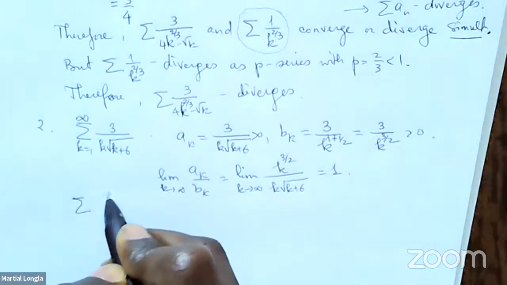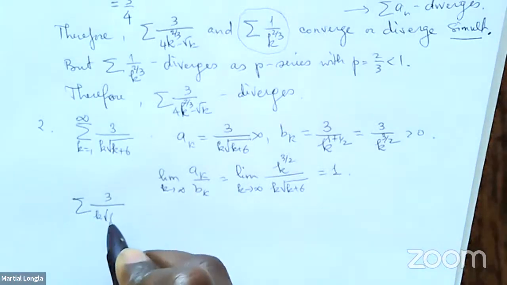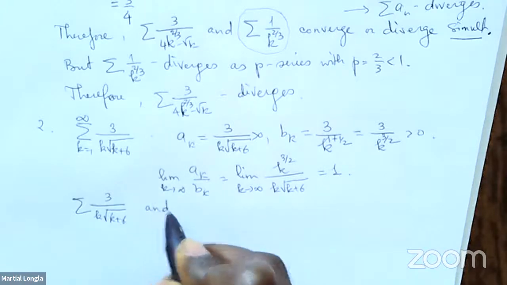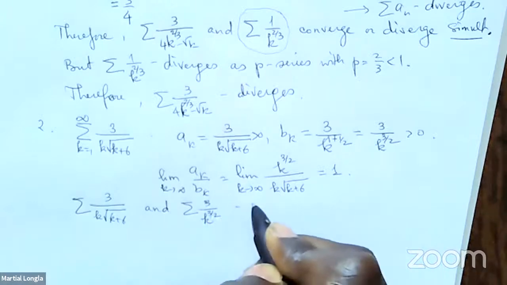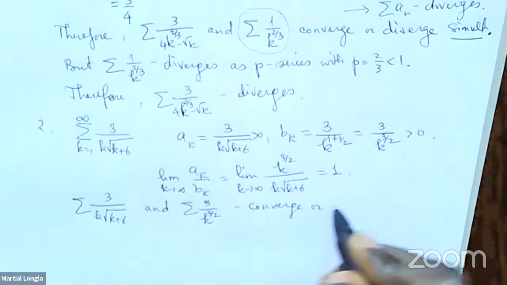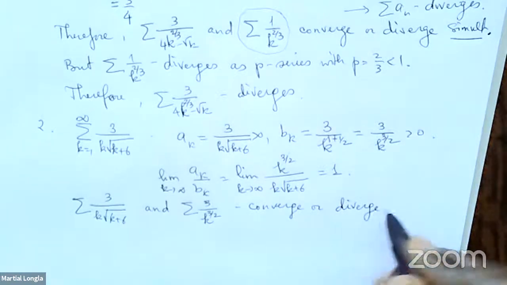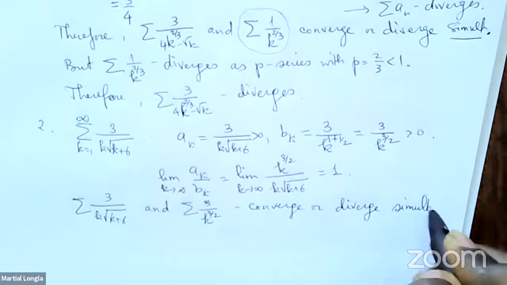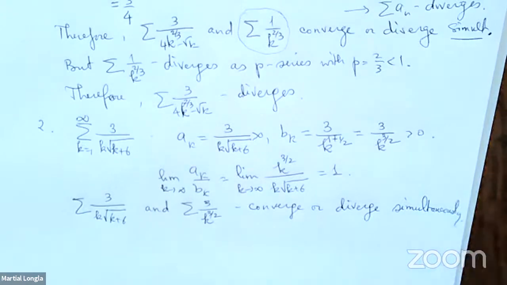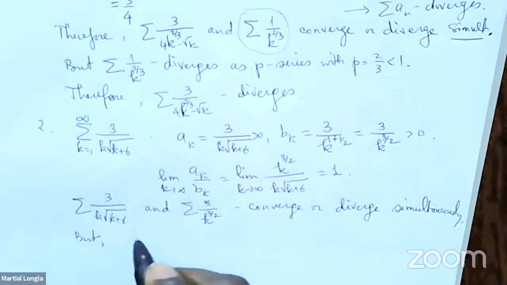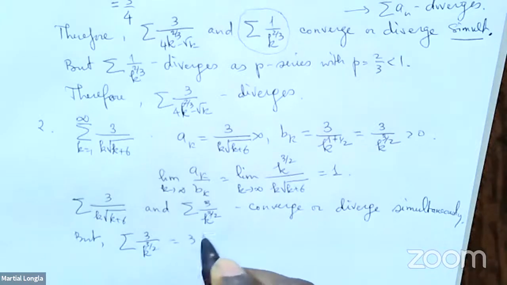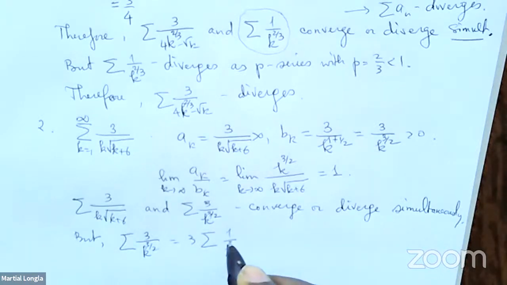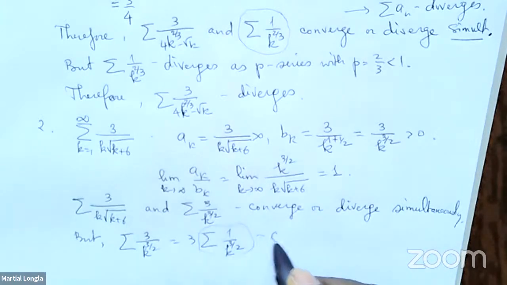The sum of 3 over k root k plus 6 and the sum of 3 over k^(3/2) converge or diverge simultaneously. But the sum of 3 over k^(3/2) is nothing but 3 times the sum of 1 over k^(3/2), and this converges.